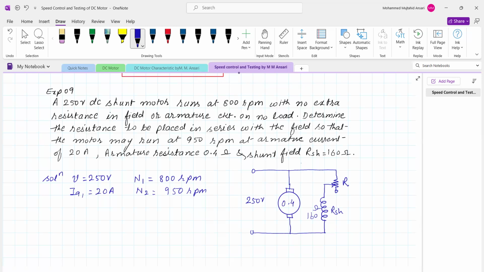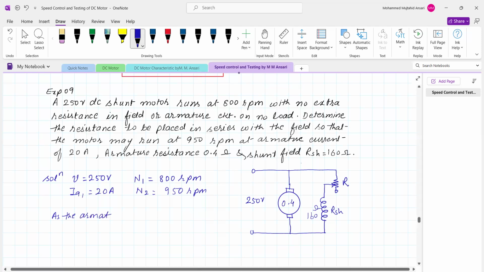So we consider that as the armature circuit remains unchanged, hence IA1 is equal to IA2.